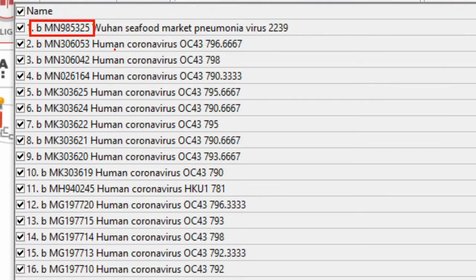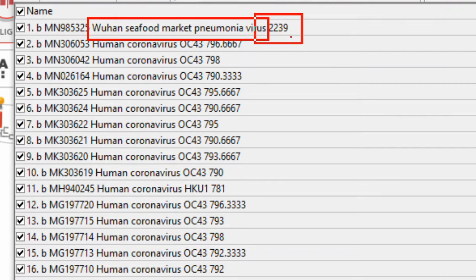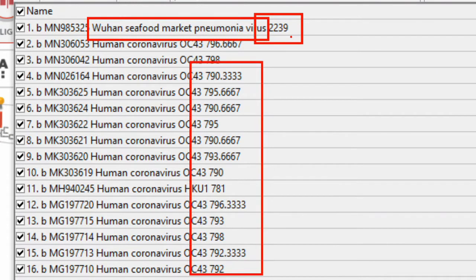Then here we have the NCBI accession number, and here there's a textual description. In particular here, Wuhan seafood market pneumonia virus. And the last is the number, or all of these numbers.